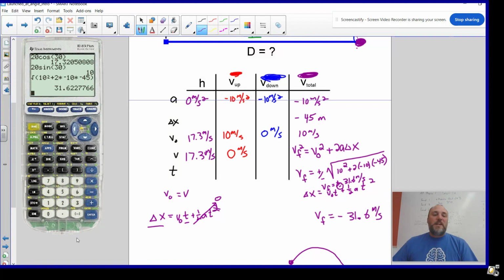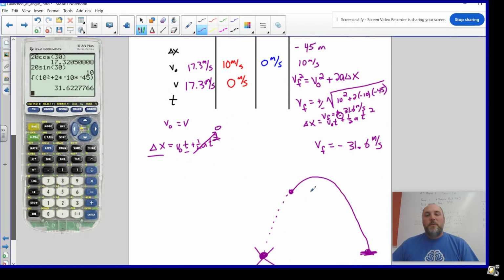So I've got my final velocity, and then I would prefer to go to the first kinematic equation, v final equals v initial plus at, and I'm going to rearrange that to find time. So I know time is final minus initial divided by acceleration, or negative 31.6. This is why it's really important to have that negative. If you forget that negative, you're going to get a totally different value for the time.